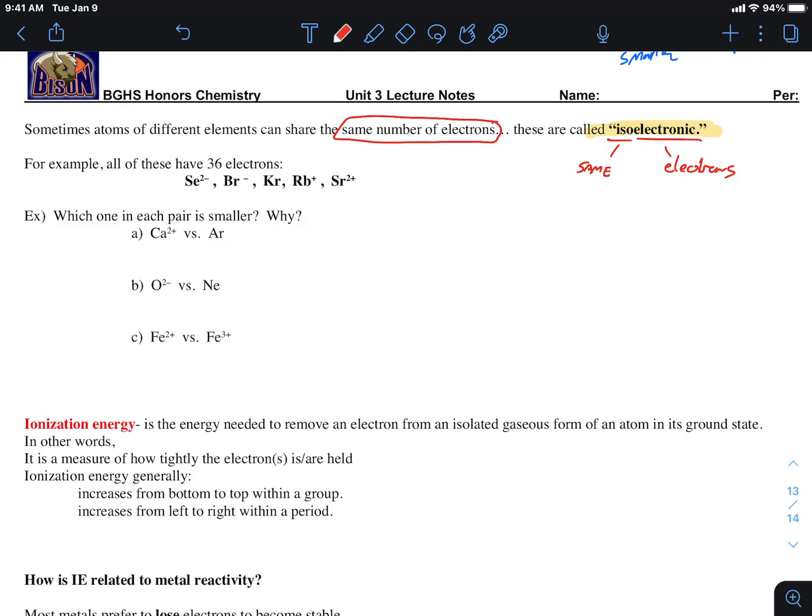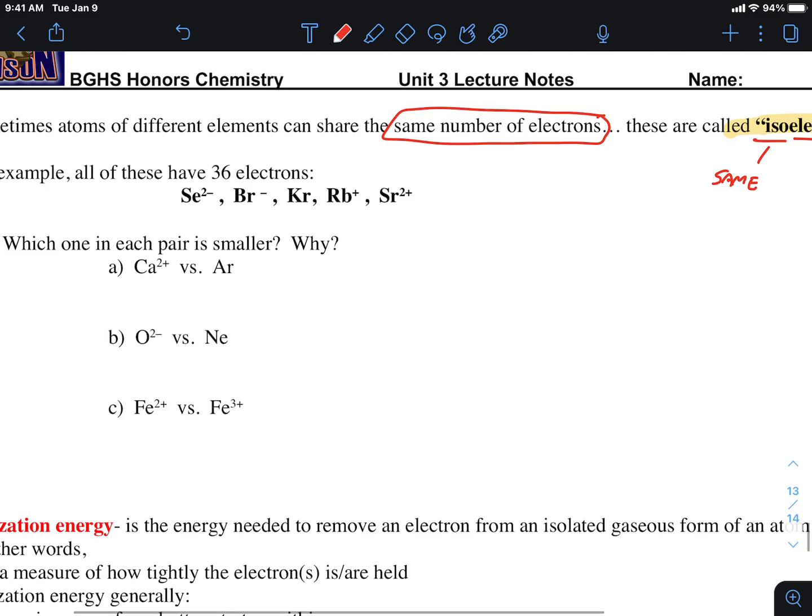If we look at this example here, we'll start with krypton in the middle. Krypton is atomic number 36, so that means it has 36 electrons. But if you look at bromine, bromine here has a minus charge. Bromine normally has 35 electrons, but the fact that it has a minus charge means it also has 36 electrons.